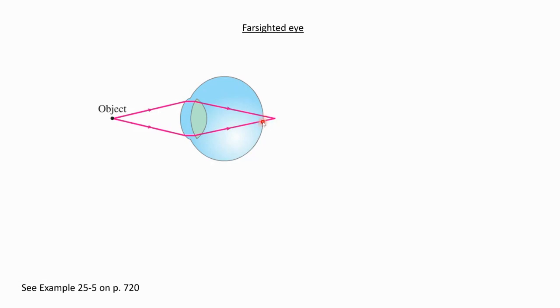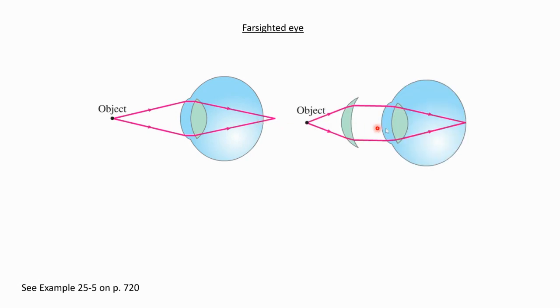Right? The image actually on the retina is blurry. So you can correct that with a converging lens like this. Make the light rays bend in a little bit, and then they end up putting the image right in your eye. So there's an example on 25.5, which is an example immediately preceding the one I just worked out.